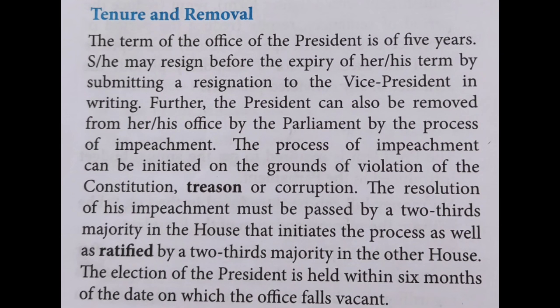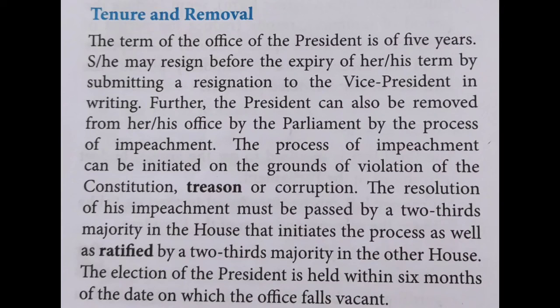The tenure and removal. What is the tenure of the office of the President? The term of the office of the President is 5 years. Normally, a President can work till the completion of 5 years from the date when he joined.